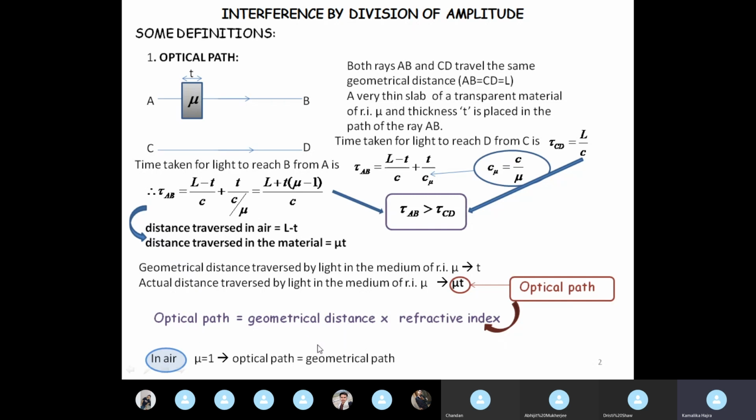So we did not require to mention optical path separately when we were doing experiments in air, because in air mu is 1 and the two have the same value. But the moment we do our experiment in a different medium, then when we calculate the path traveled by light, instead of the geometrical length, we have to take into consideration the optical path. All right, so that's the first definition.